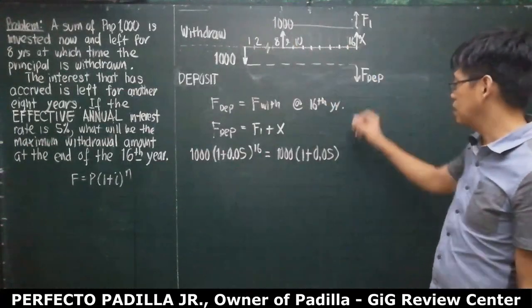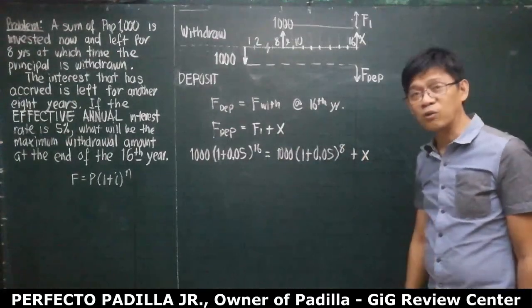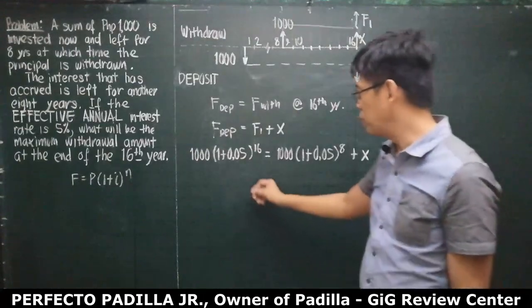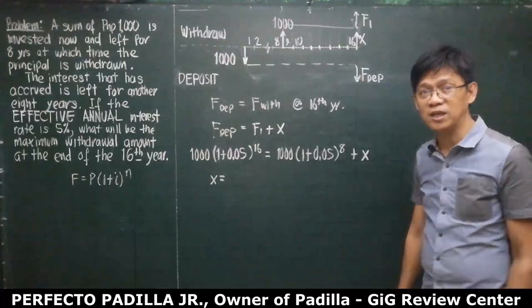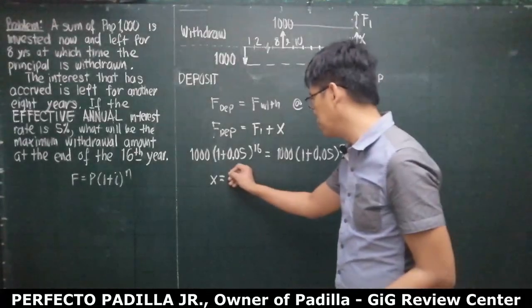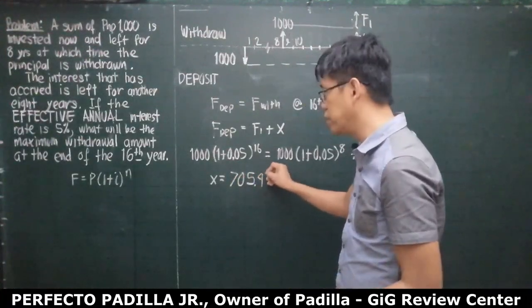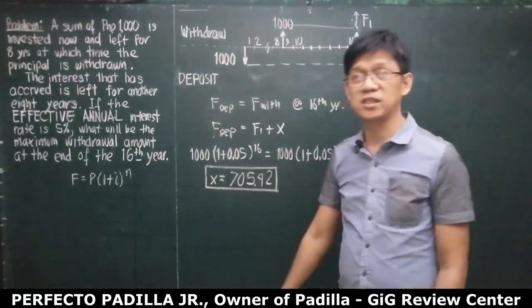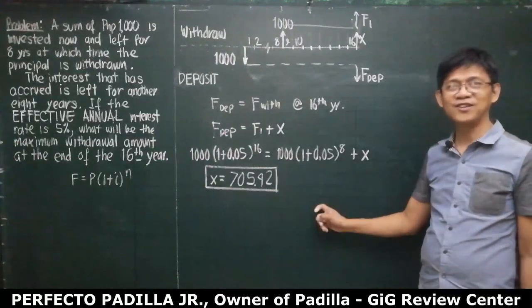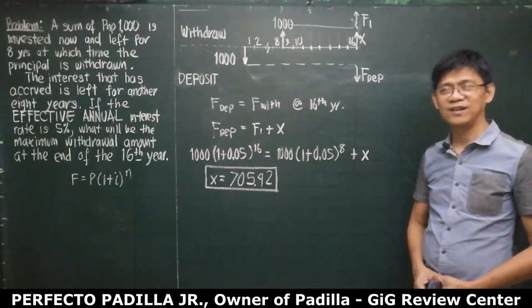From here to here, 8 years. So this is plus X. One equation in terms of X will be able to solve X. And your X is going to be, computin natin, 705.42, or around 706 pesos. Nasundan niyo? Theory of equivalence. Kuha? Okay, you may copy.